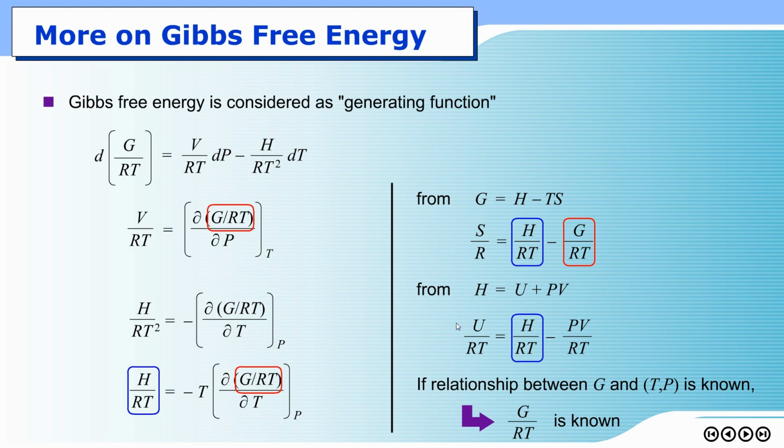And from now on, when a derivation for a new variable is done, it usually starts with Gibbs free energy. Okay, so in this lecture, even though most of the lecture relies heavily on derivation, the main content of this lecture is about relationships among thermodynamic parameters.